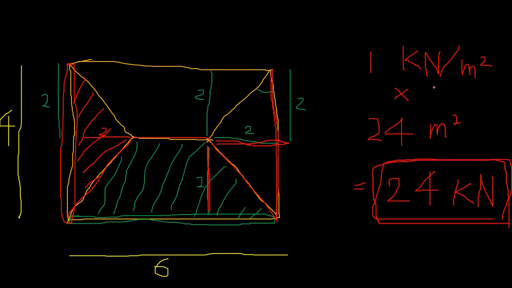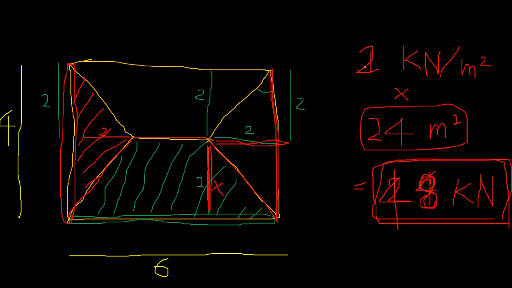If it is 2 kilonewtons per meter squared, it is going to be 48, and that means this height should be multiplied by 2.